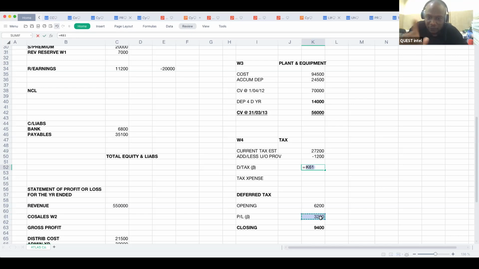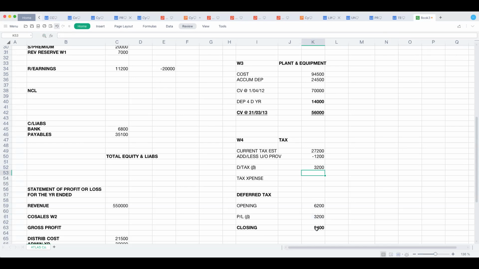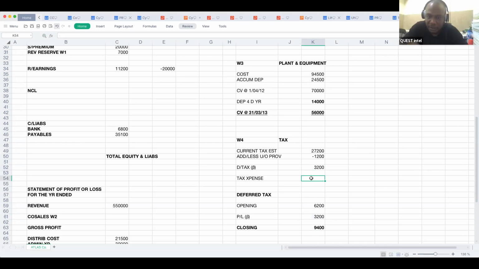So it's equal to that figure. Do you get that? That's what's going to profit or loss. Great. And then finally, our tax expense. Our tax expense will be equal to the sum of everything from top to bottom, the three of them really in this case. The sum of that, and you close. That's that. And with that, I've ended this story.